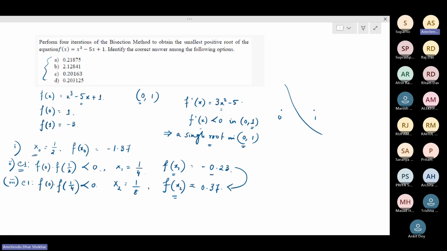Whichever is closest to the root, that is the answer. So I hope this is clear.